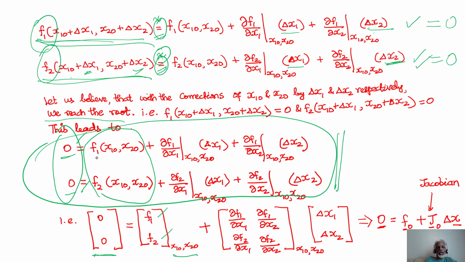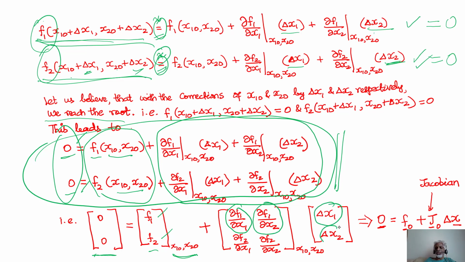Because f1 is evaluated at x1 naught, x2 naught, and f2 is evaluated at x1 naught, x2 naught, this is nothing but f1 and f2 stacked in this particular way, but both the functions are evaluated at x1 naught and x2 naught. Plus, now you come to these first order partial derivatives. So I can pack it like this. For the first equation, it is going to be dou f1 by dou x1 times delta x1 plus dou f1 by dou x2 times delta x2.